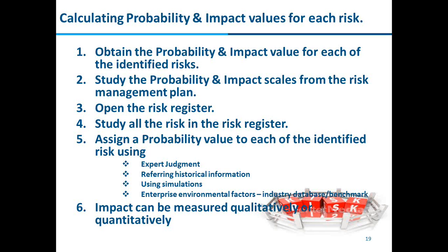Or you can refer to historical information, because every organization has it. You can check whether the same type of project was carried out two years back and encountered this risk, and how they mitigated it or coped with it. That information can also be helpful to you.